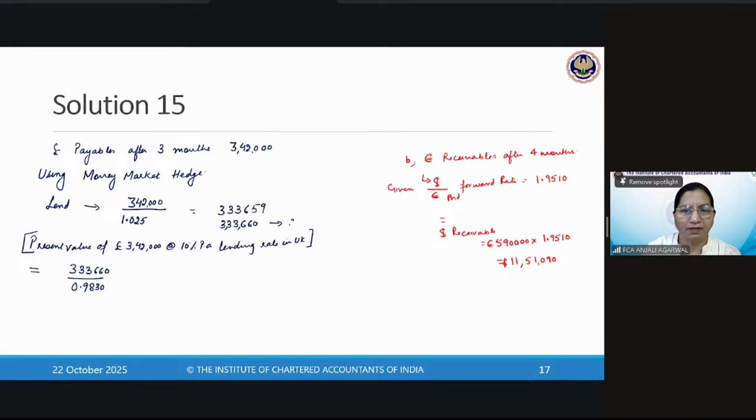These will then be converted to dollars using the spot rate. So you will need to pay these many dollars to be able to get 333,660 pounds. So how many dollars do you need?